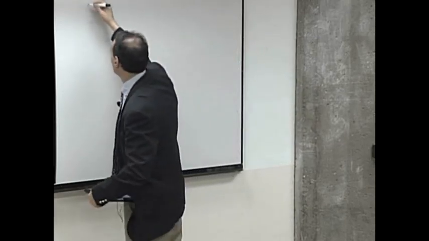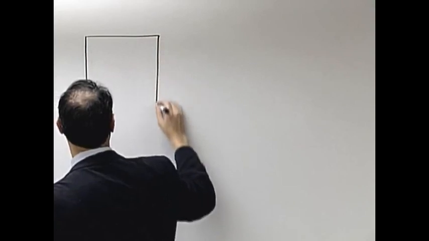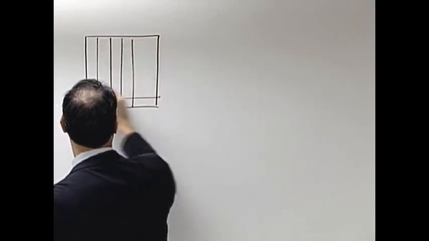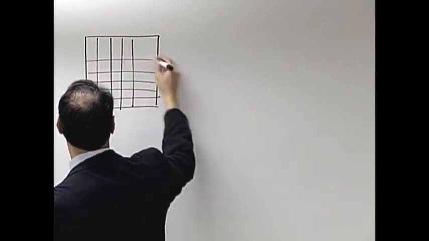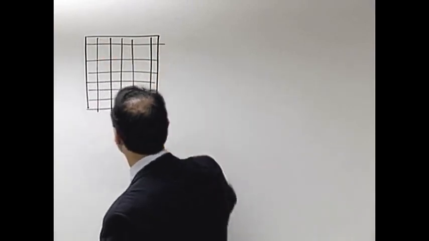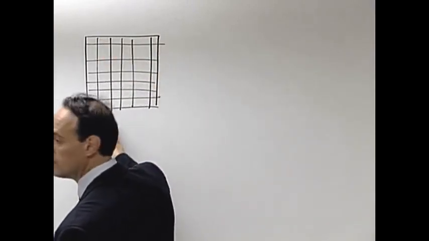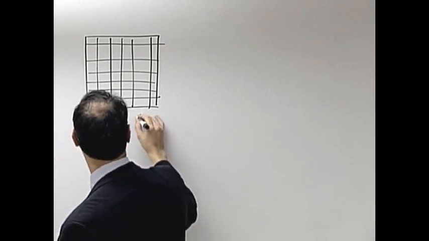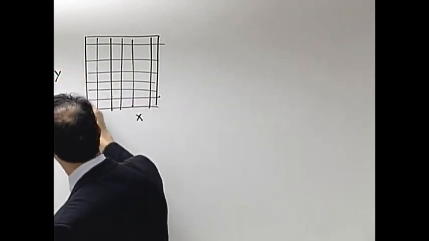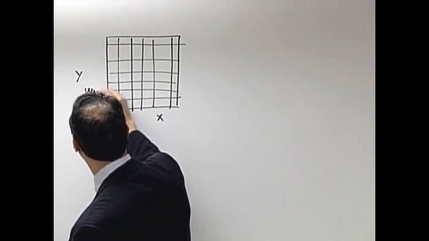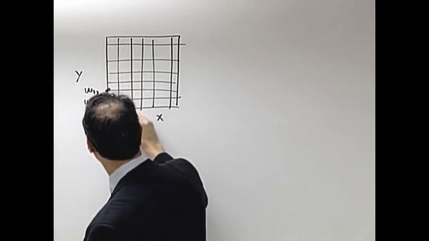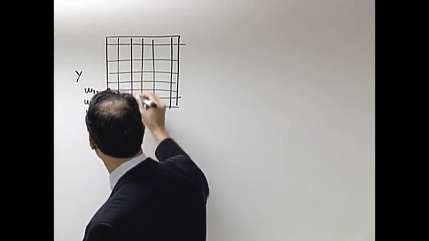Okay, so first of all, let me draw my grid. Here I have, how did I count before? These are x and y. This was omega 1,1, omega 1,2, omega 1,3, and then omega 2,1, omega 2,2.